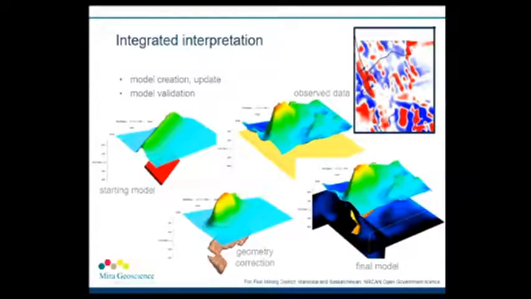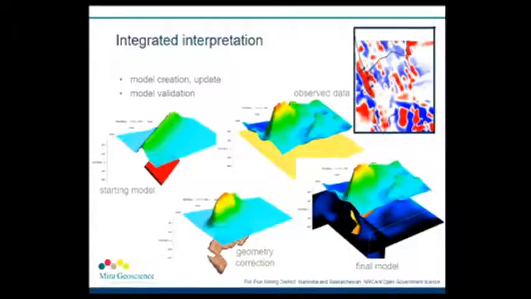But we get a starting model, and then we start modifying it. And the goal of modifying it repeatedly is to iteratively keep modifying that model, attributing it with physical properties until it matches the geophysical data and the geological data. So at every step in that iteration, we're staying true to the geological data, but we're also modifying things to better match the geophysical data.